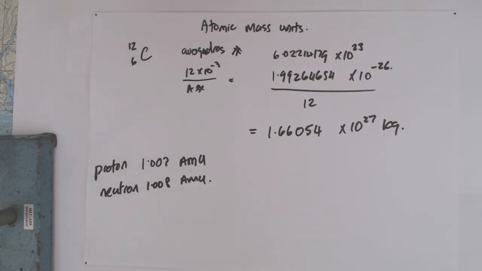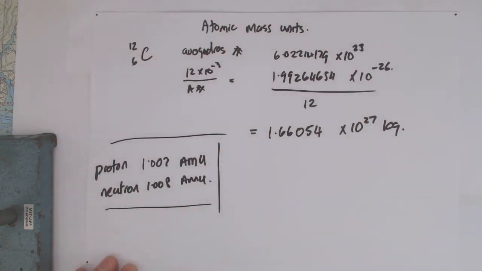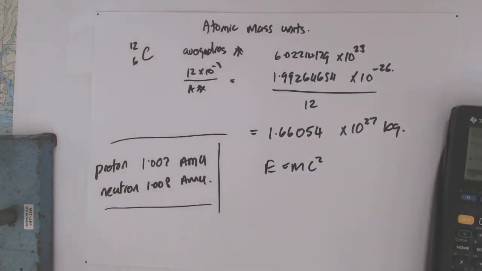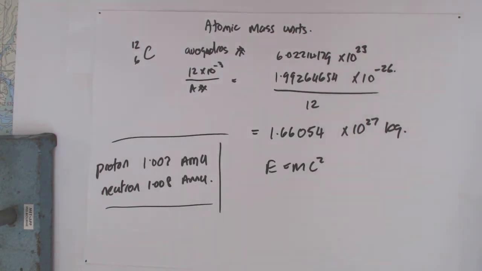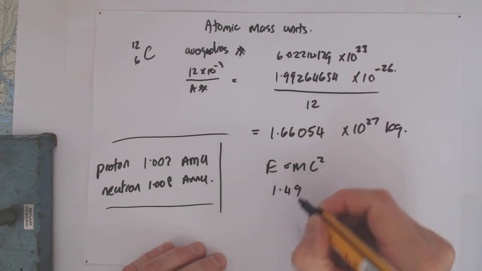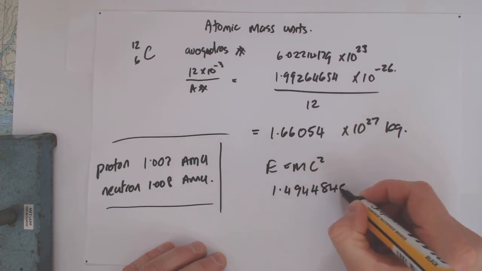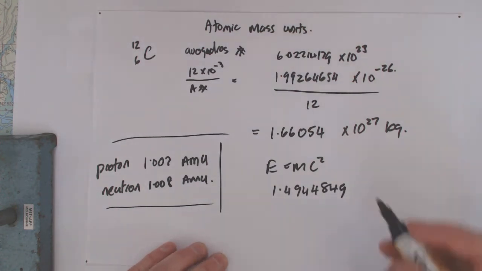So in these calculations we can use kilograms, we can use atomic mass units. Let's also convert the atomic mass unit into electron volts. So we'll use our E equals mc squared, and we'll find out how much that's worth. So that's the mass times 3 times 10 to the 8 squared, and we end up with 1.49244849 times 10 to the minus 10 joules.